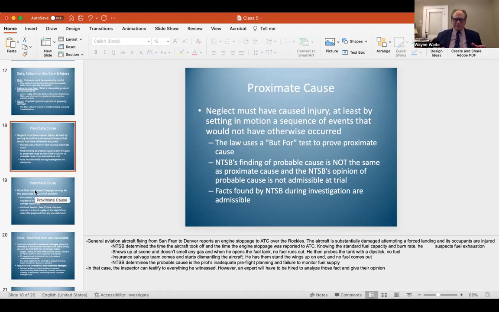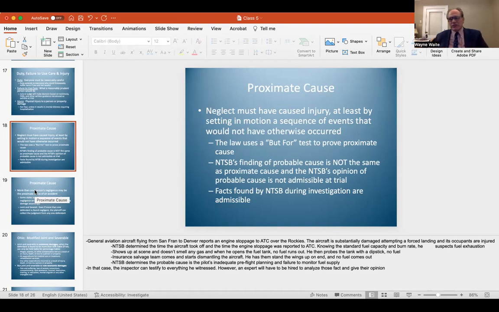The reason for that is that the expert can be cross-examined by the folks in the courtroom, the jury or the judge, and they can make a determination as to whether that person is credible and whether their testimony should be given any weight.